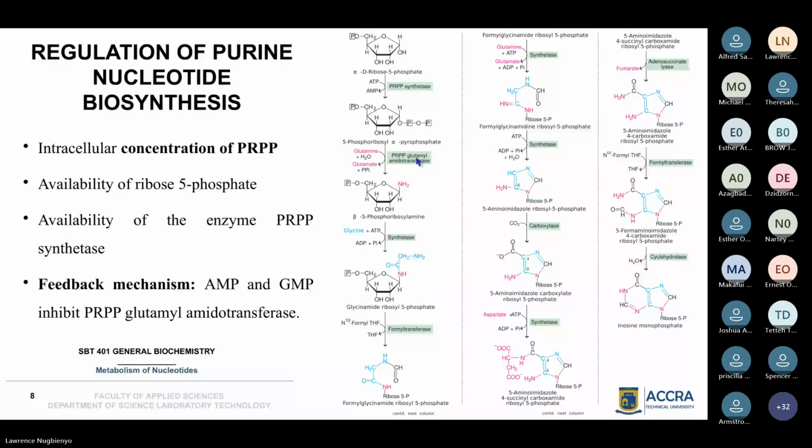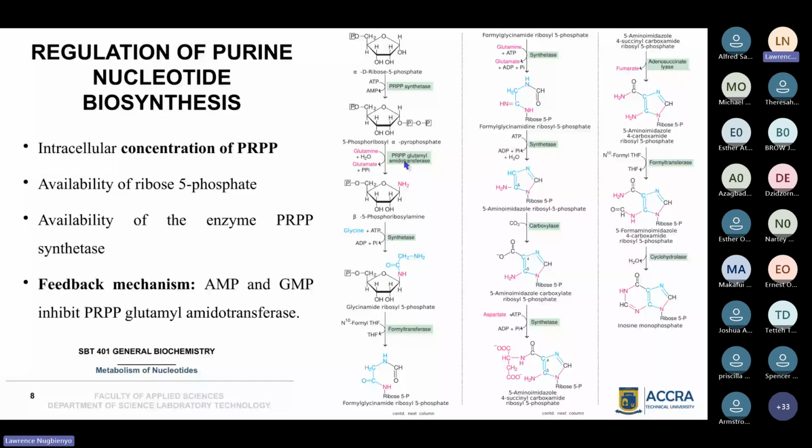Here we have the adenosine monophosphate and guanosine monophosphate that act as inhibitors to the enzyme of the second reaction in the process, which is the phosphoribosyl pyrophosphate glutamyl amidotransferase, the first enzyme which is involved in the transfer of the amine group from glutamine.